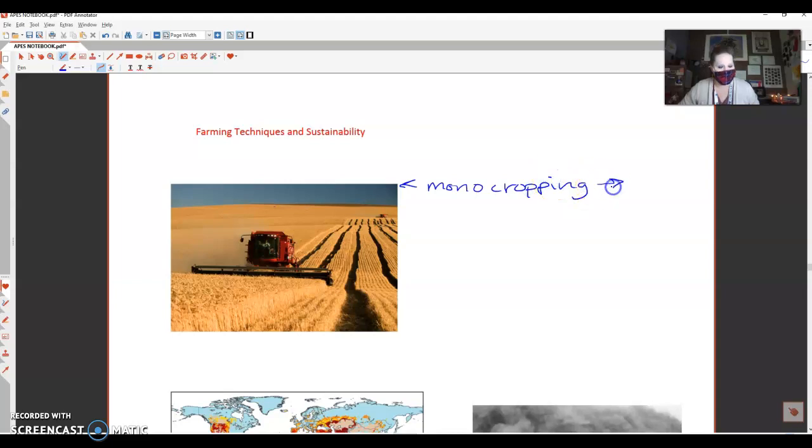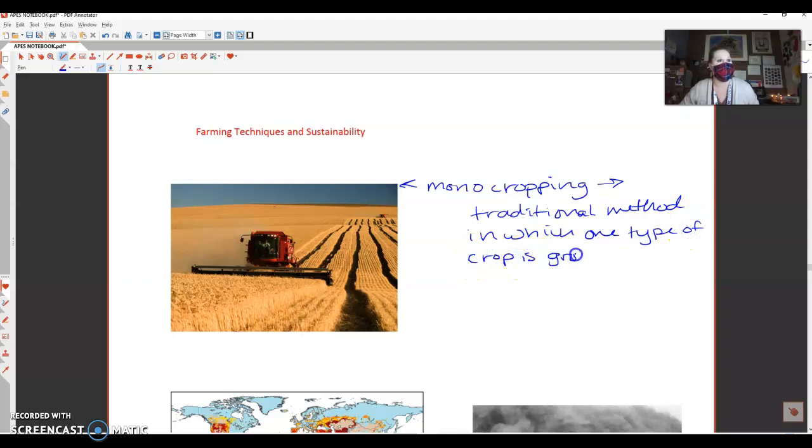All right, so monocropping is a traditional method in which one type of crop is grown. It leads to soil erosion.